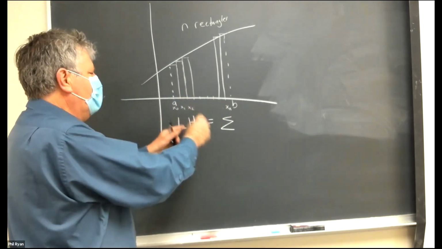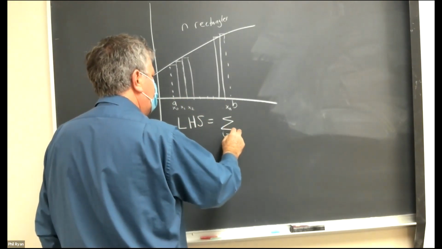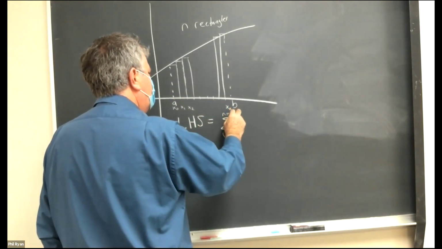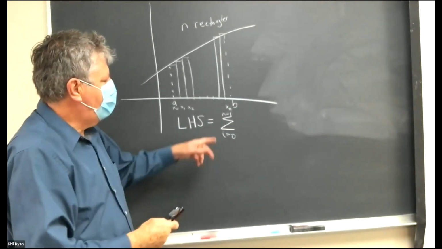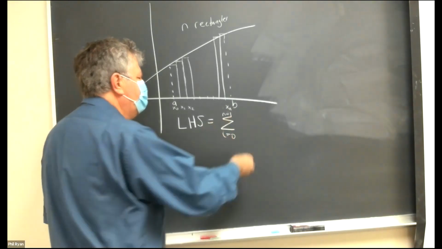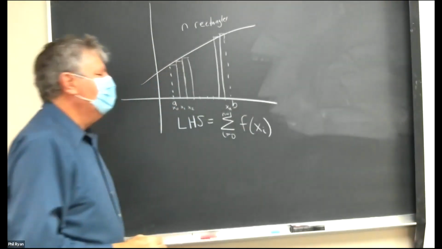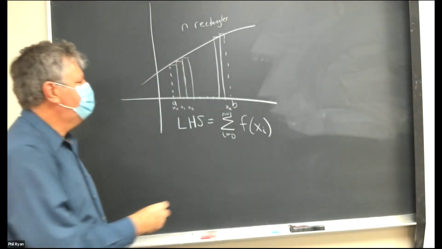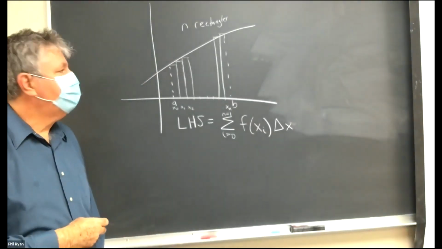But anyway, the left-hand sum goes to n minus 1. So we count n rectangles this way. We start from 0 and end at n minus 1. That's the height of our rectangle, and that's the base of our rectangle.